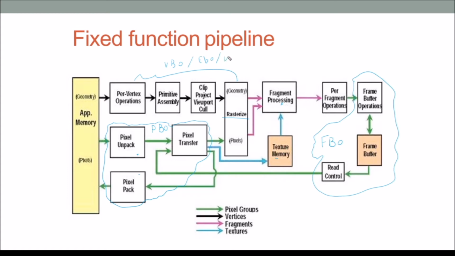And VAOs, right? This is the vertex buffer objects, this is element buffer objects, and this is vertex array objects. So we talked about these already, and all these pass the data into your geometry shader.